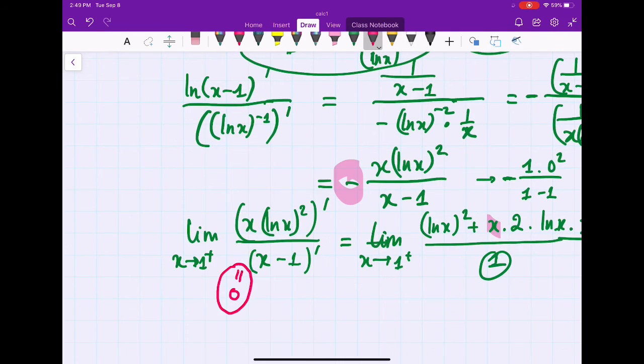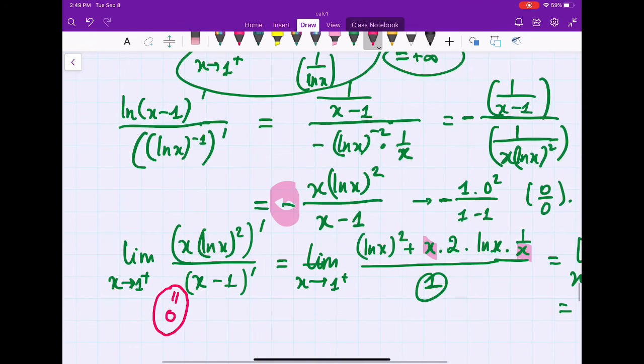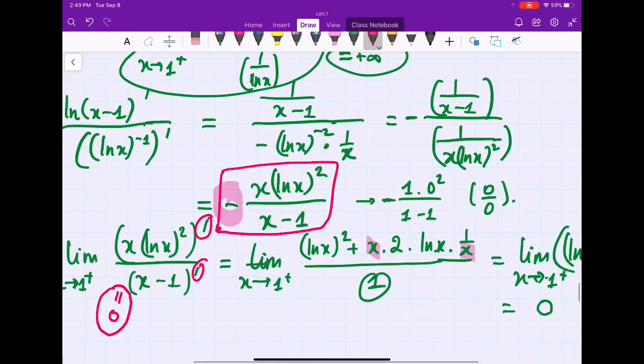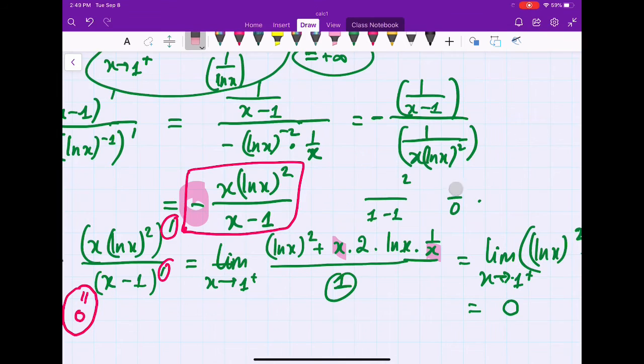By L'Hopital's rule, the limit of the function without the derivative in here and in here, that means the limit of this function is also 0. So I write like this: this approaches 0 as x approaches 1 from the right.